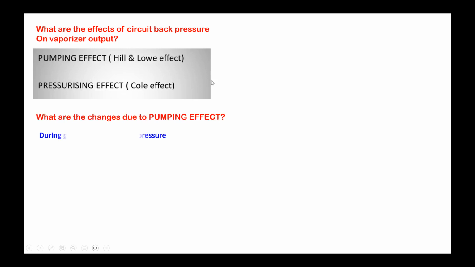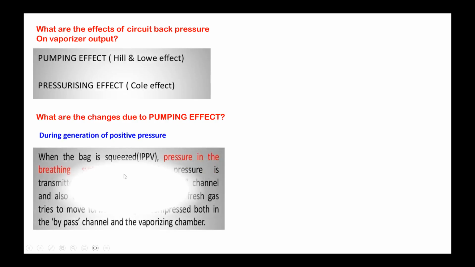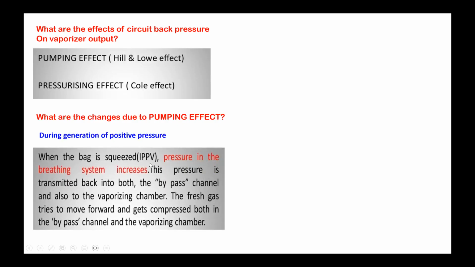Okay. Now, what are the changes that happen during generation of positive pressure? When the bag is squeezed, pressure in the breathing system increases. This pressure is transmitted back into both the bypass channel and also the vaporizing chamber. Part of it goes straight to the patient. The fresh gas tries to move forward and gets compressed by the bypass channel and vaporizing chamber. Okay.